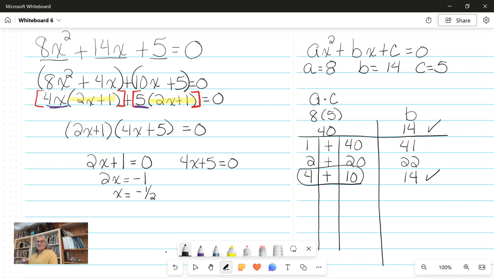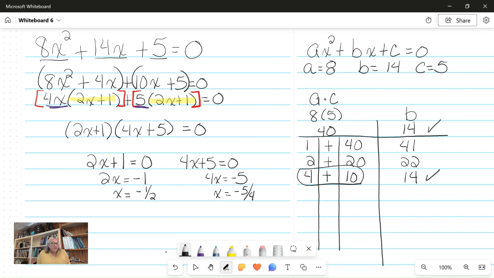Now let's work the next one. I need the variable term by itself, so I'm going to subtract 5 from both sides. Now I need the variable by itself, so I'm going to divide both sides by the coefficient, which is 4, so I end up with x equals negative 5/4.